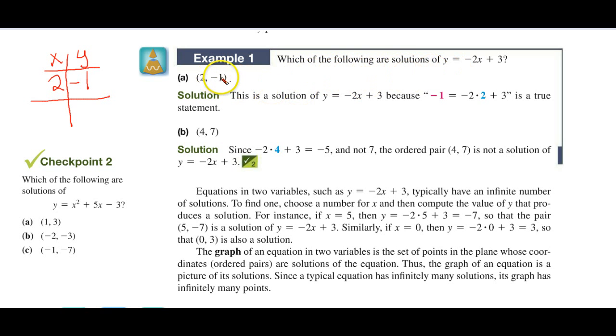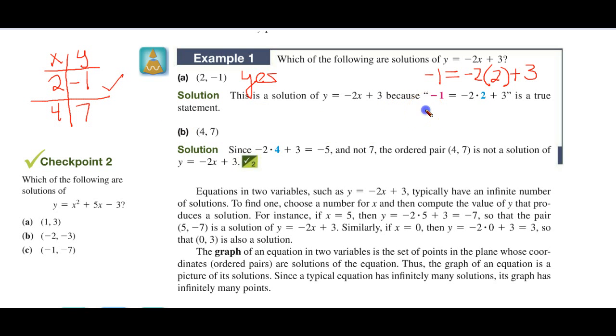You take your -1, which is your y term, and then take your x term and put it where the x variable is, which will be a 2 there. Is this true? Well, -2 times 2 is -4. -4 plus 3 is -1. So yes, this is a solution.